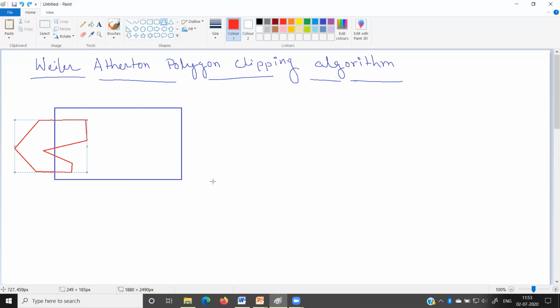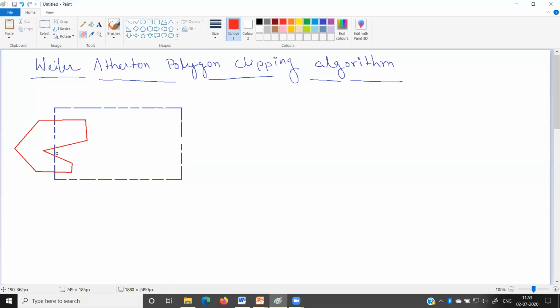So you consider a polygon which is this one. Now, if you apply the Cohen-Sutherland polygon clipping algorithm on this case, where those are my clip window, I am just making the dotted line of the clip window, then it will be easy for you to understand. So this is our clip window.